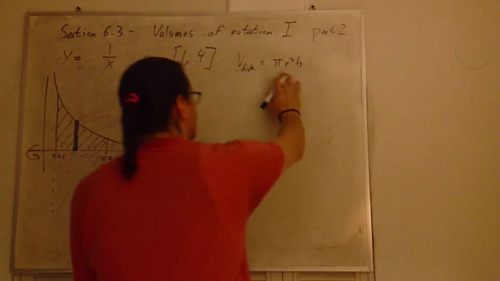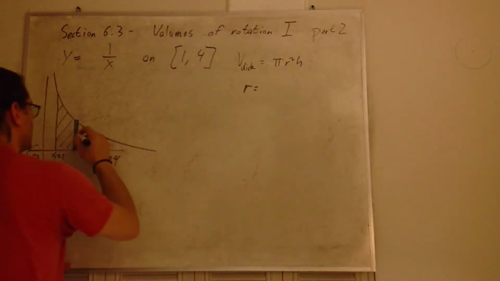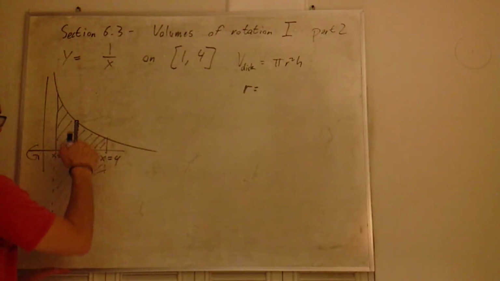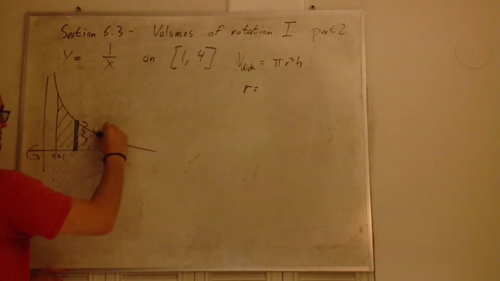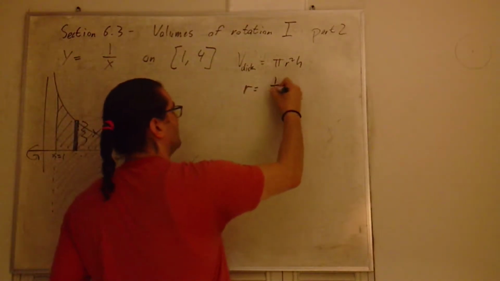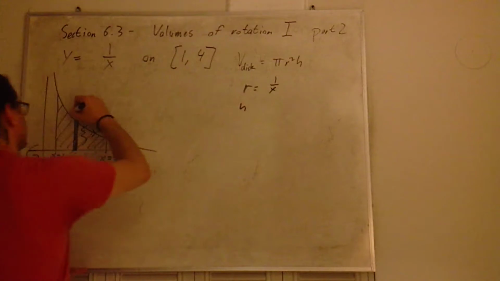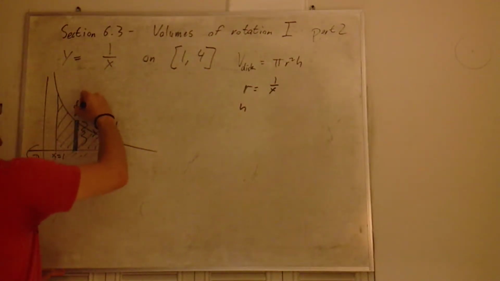So we know we have a disk. We know it has this volume. We need a radius. The radius of this disk is going to be from the center to the edge, which is a y value, which is 1 over x. And the height of this disk is going to be the thickness of the disk. That's dx.